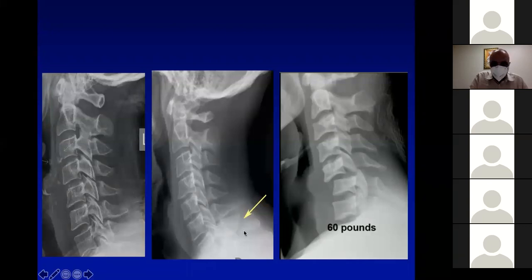On the second X-ray, you could see a fracture of the spinous process. On the third one, you could identify the malalignment. You could see that this vertebral body hasn't moved, it is the vertebra on top which has moved forward. So there is anterolisthesis. There is a slippage of the vertebral body above.